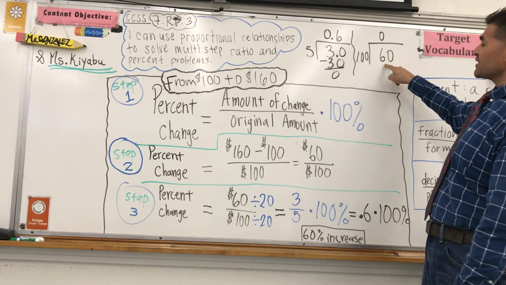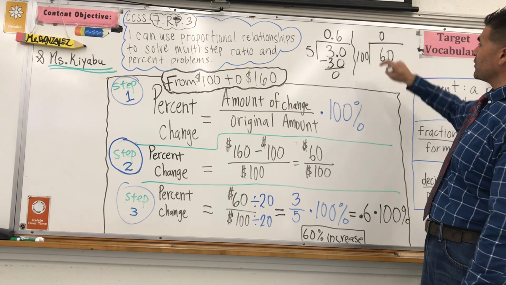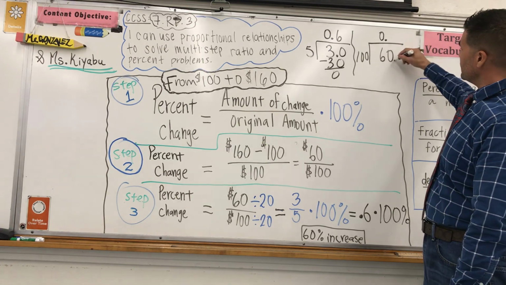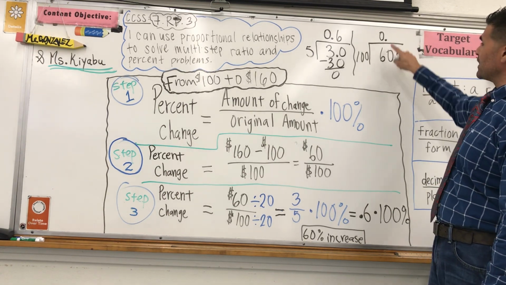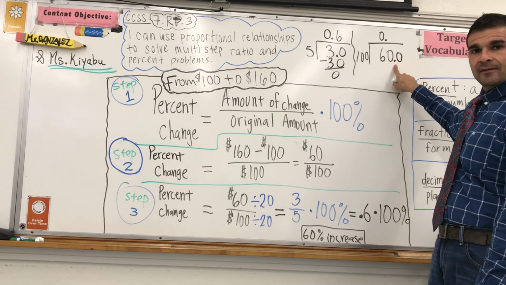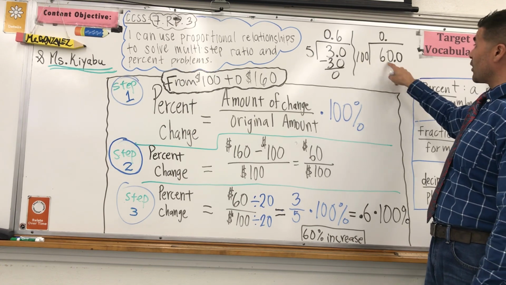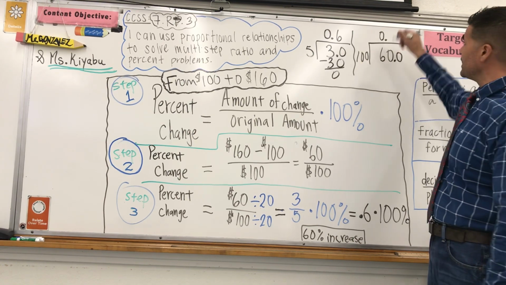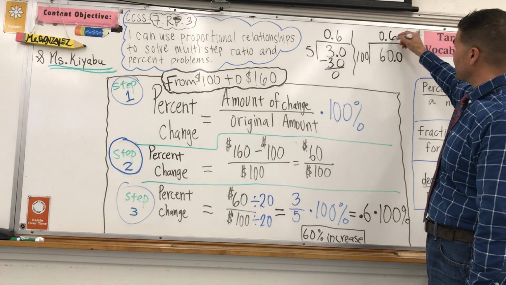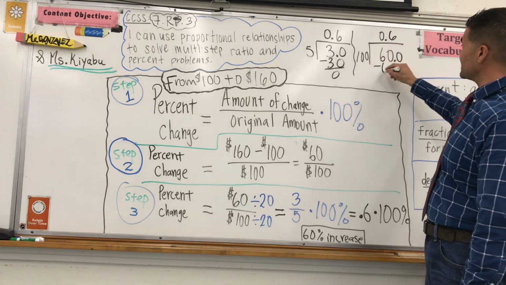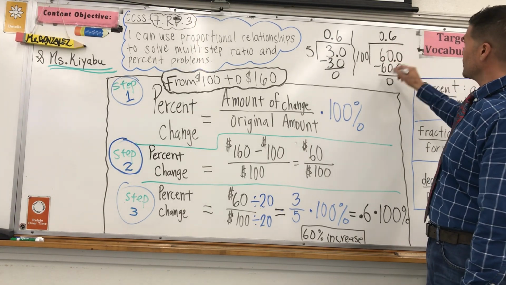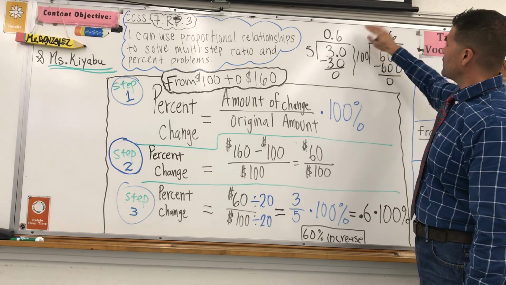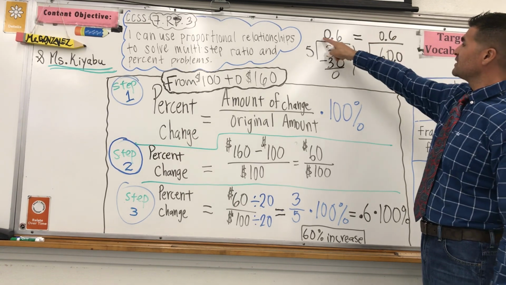You see, 100 doesn't go into 60, so I put my 0 there. Now I'm going to add my decimal here and a decimal behind the 60. 600, though, does get divided by 100 6 times perfectly. 6 times 100 is exactly 600. They equal the same decimal.